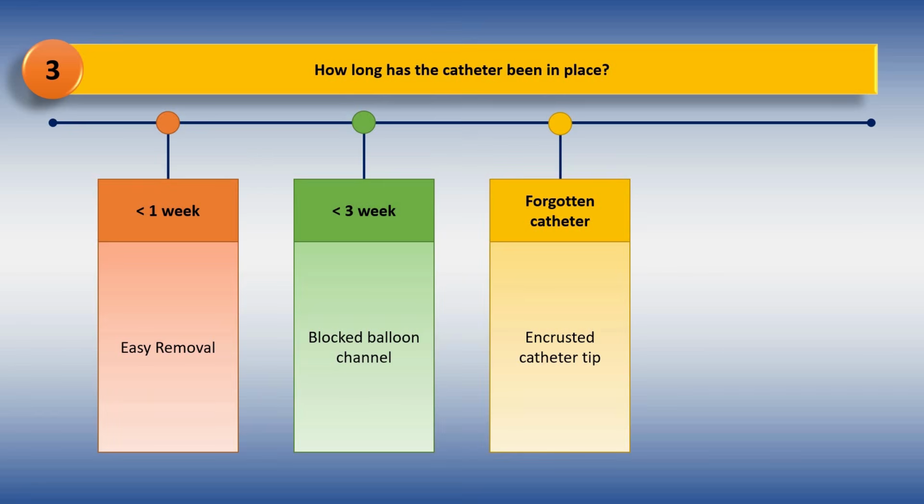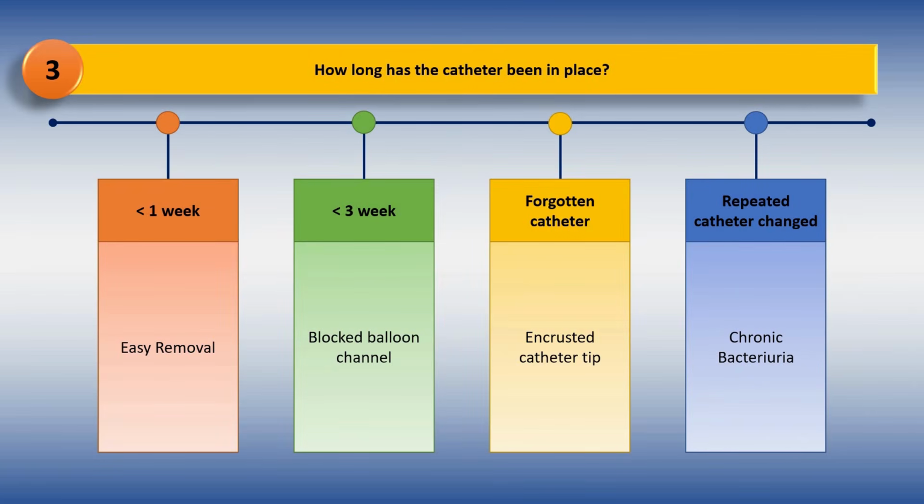The tip or the balloon of these catheters often gets encrusted. The tip becomes very rough, and even if you deflate the balloon, the encrusted tip cannot be pulled out of the bladder. So you may find it difficult. Be alert and ready when you are removing a forgotten catheter to face these situations.